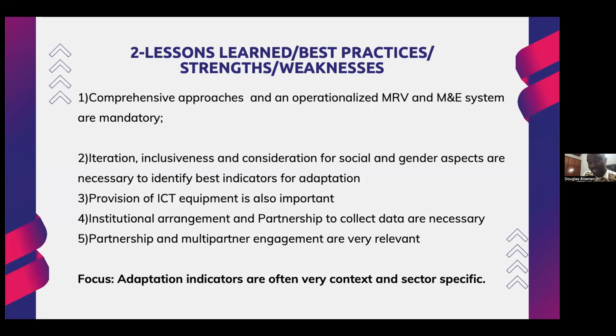Indeed, we have to face challenges. One of the first challenges is the coordination in MRV and MNE systems, which is currently lacking. The adaptation matrix is complicated as we have various sectoral indicators.